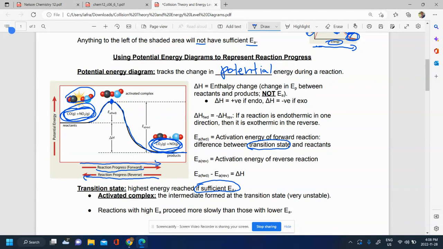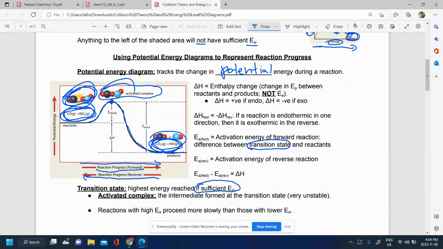At that point, when an effective collision occurs with the proper orientation, the molecules will form what's called an activated complex. It's essentially like an intermediate between your reactants and your products. It's very unstable. It's your reactants and products connecting together, breaking bonds, and rearranging bonds. So it's that intermediate between the two. It's transitioning from reactant to product at that point.